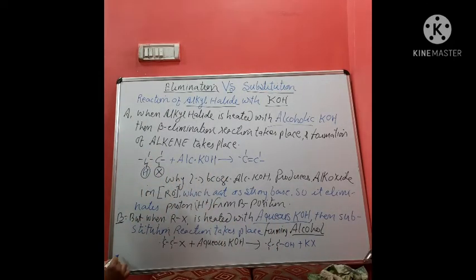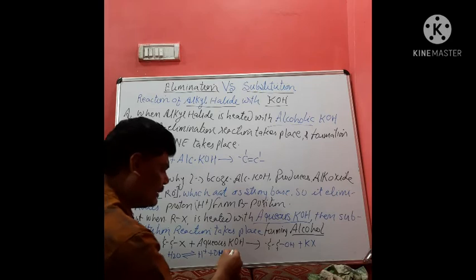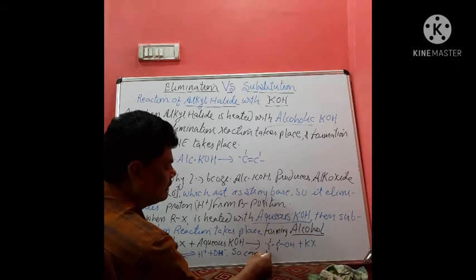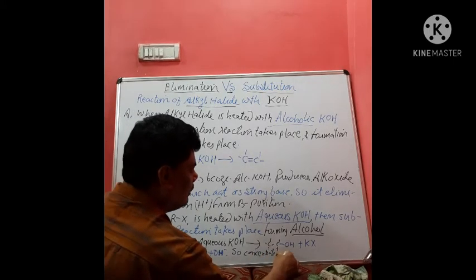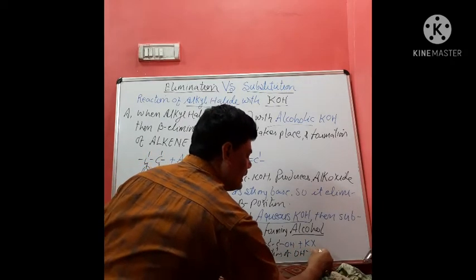Because H2O furnishes H cation plus OH anion, and KOH also produces K cation and OH anion. So the concentration of OH anion increases.